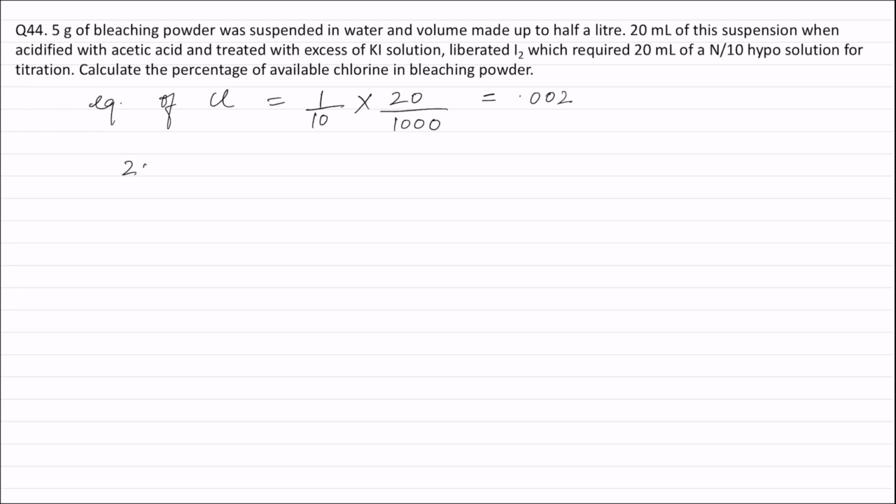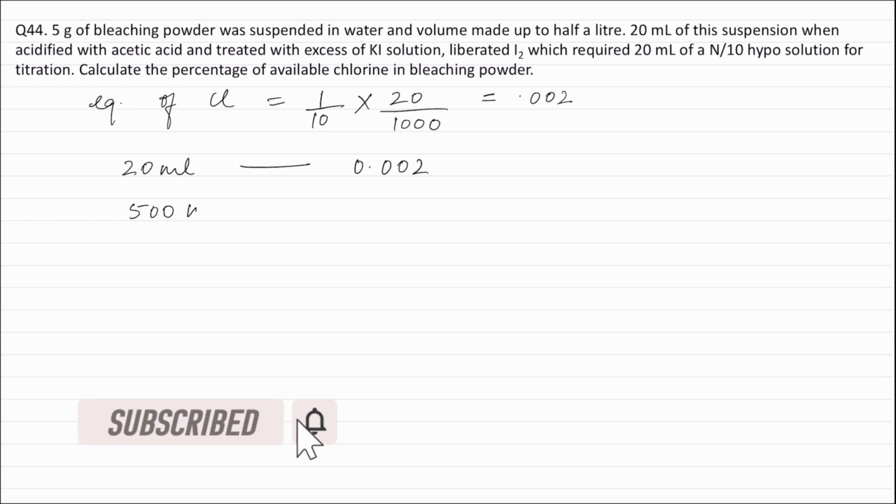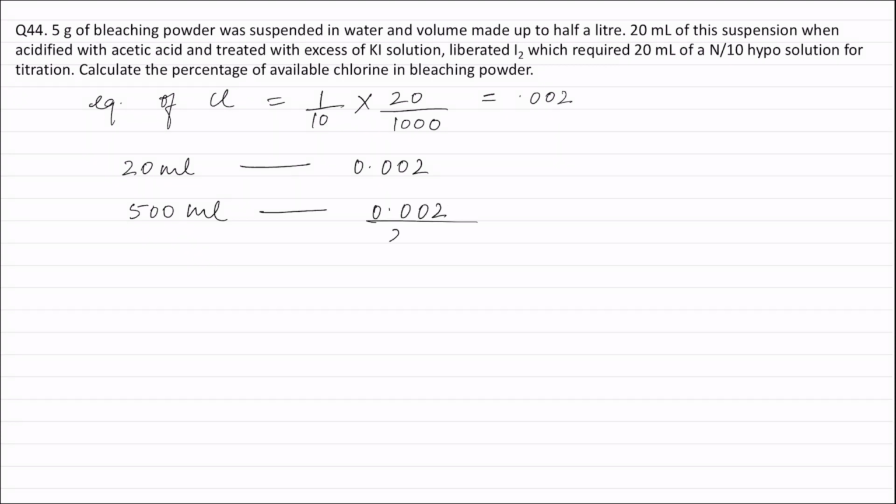Therefore, 20 milliliter of bleaching powder suspension contains 0.002 equivalents of chlorine, and 500 milliliters of bleaching powder suspension will contain 0.002/20 × 500 equivalents of chlorine.